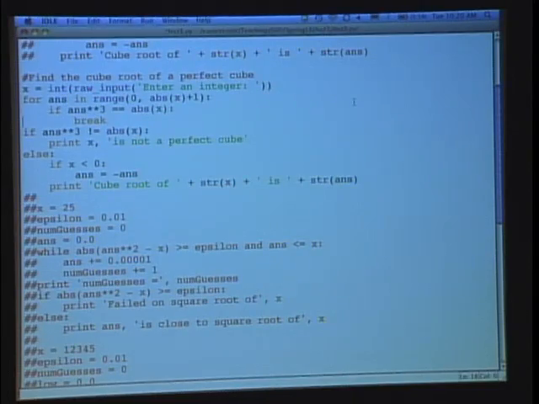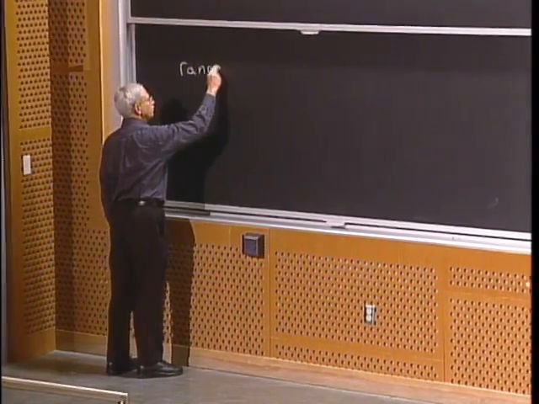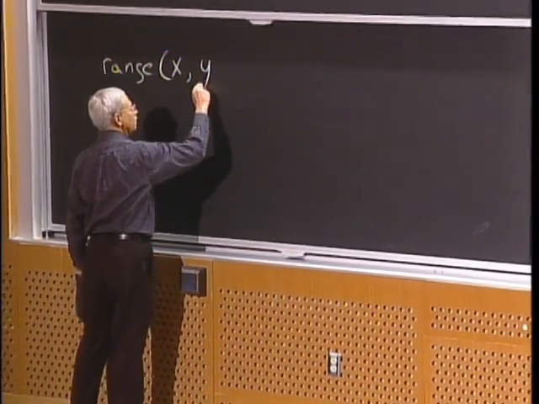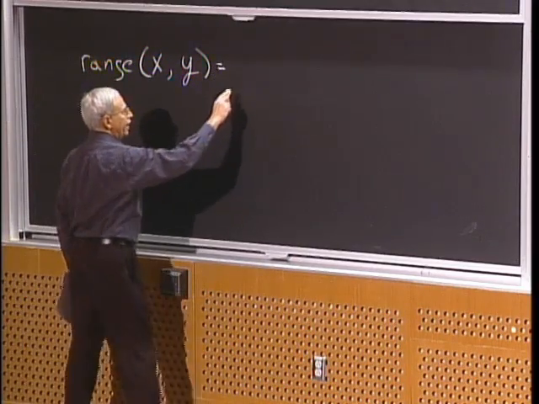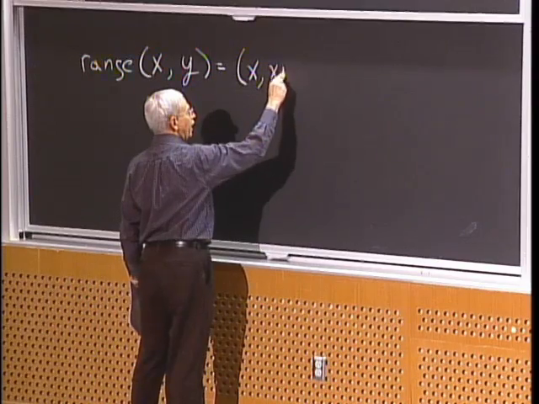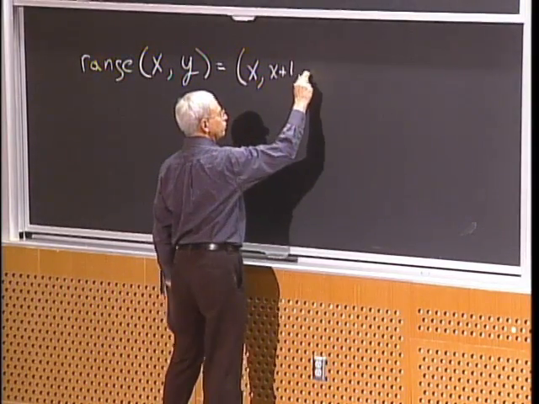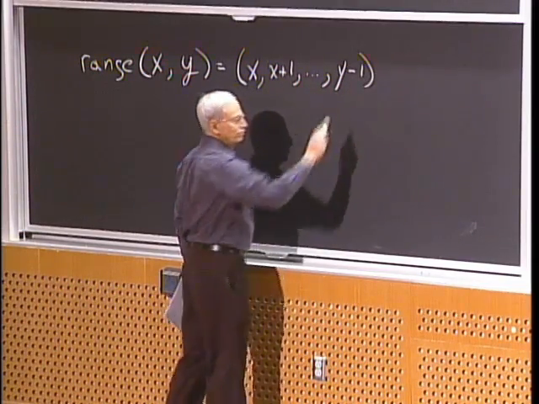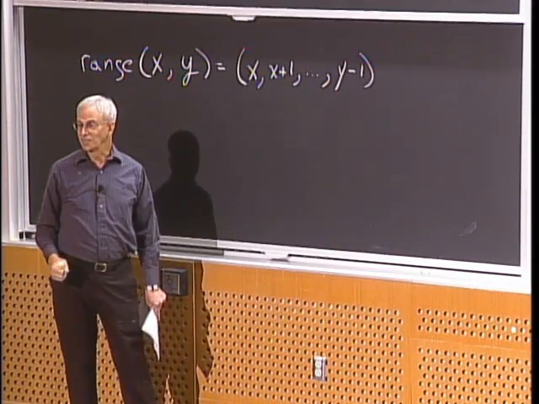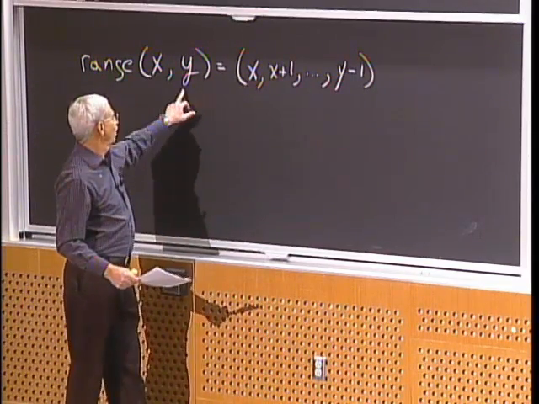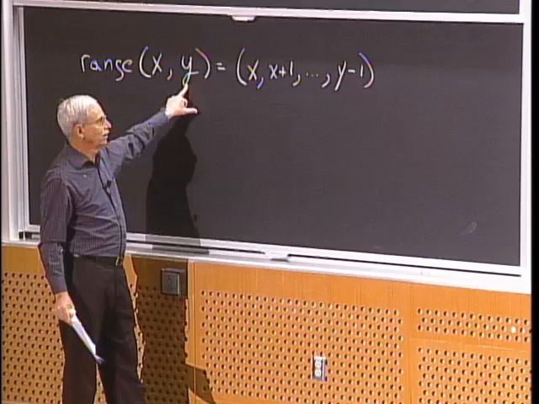If you look at the expression range of x to y, that gives me a sequence of values x, x plus 1, up to y minus 1. Notice not up to y, but up to y minus 1.